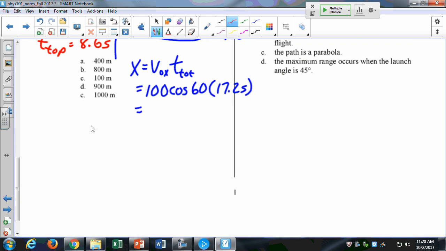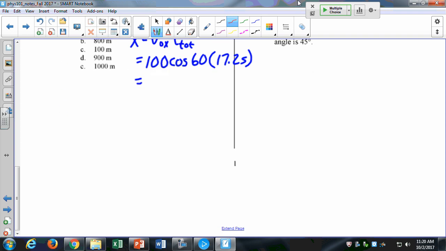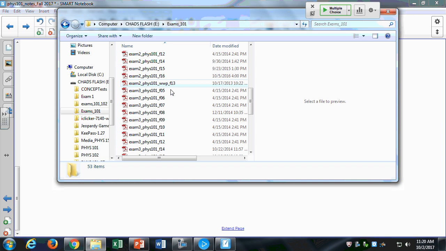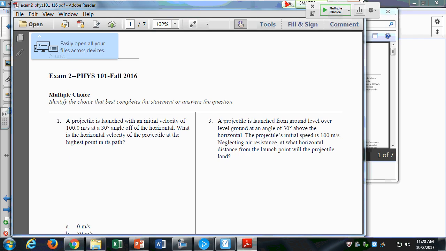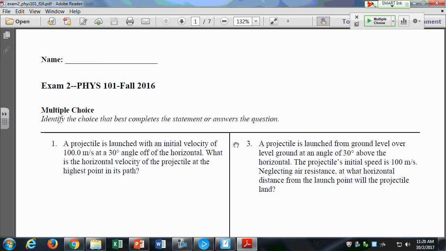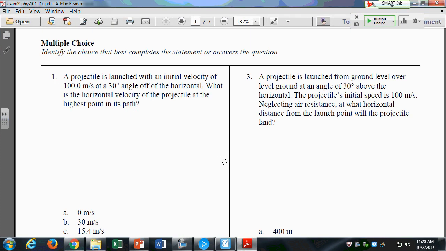I think we've worked a lot of these. Why don't we, I'll go and look at some of the old test questions. What would y'all rather work on, projectile motion or 2D forces?